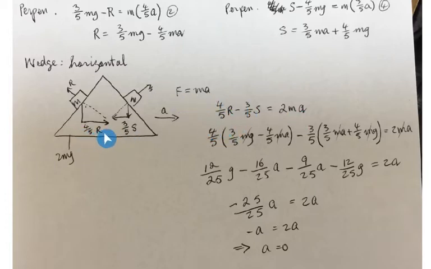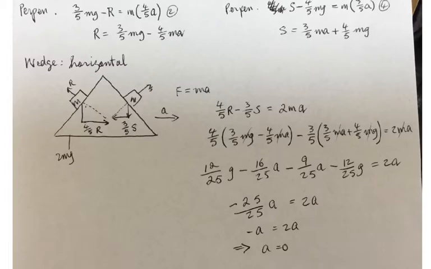So force is equal to mass times acceleration. Force is equal to 4/5 R minus 3/5 S is equal to 2m times acceleration, since the mass of the whole wedge is 2m. Now what I do is I replace this R in here, and I replace this S here, and then I multiply it all out. You can follow this yourself.